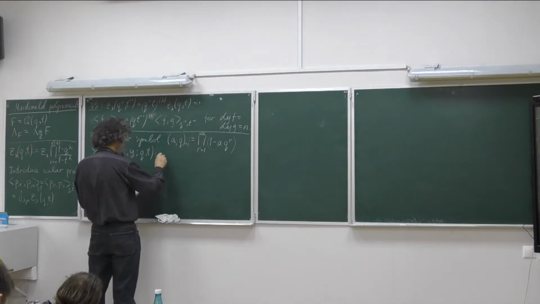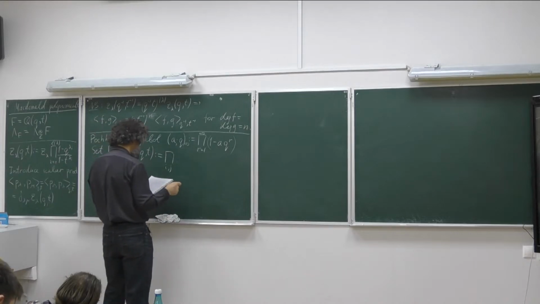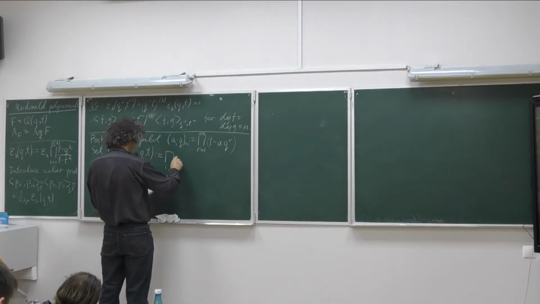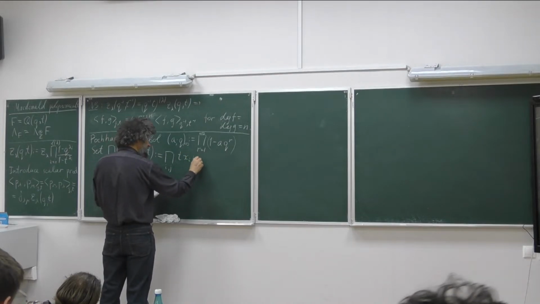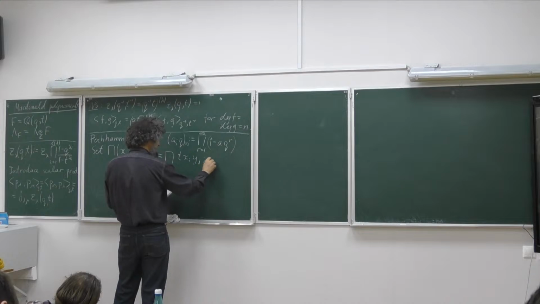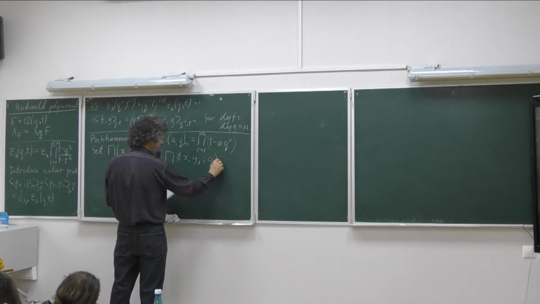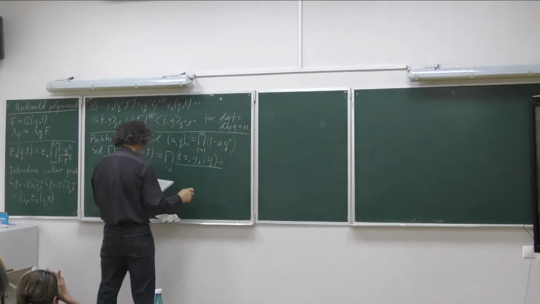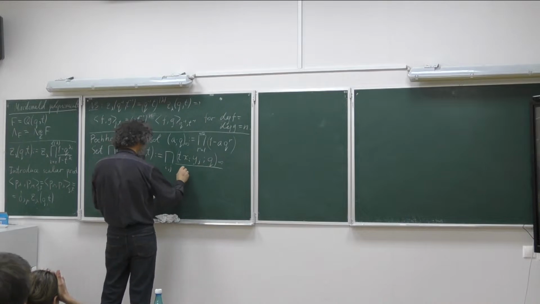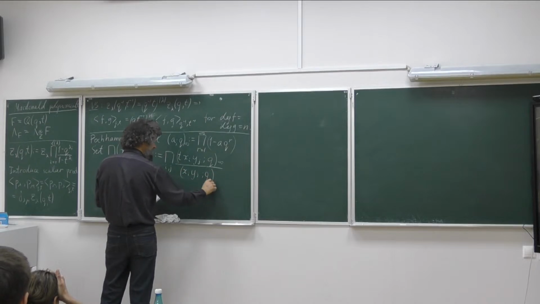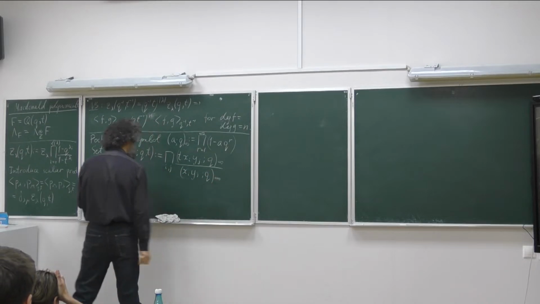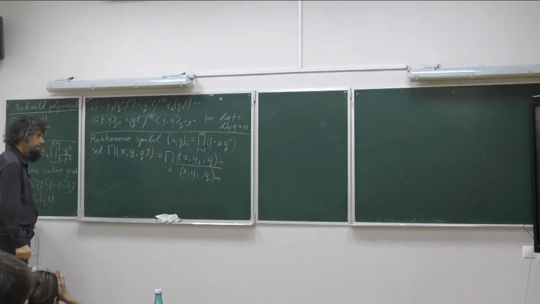This is the product over all i, j, indices of the x and y variables, of the Pochhammer symbol of t x_i y_j over the Pochhammer symbol of x_i y_j, with parameter q, infinity.